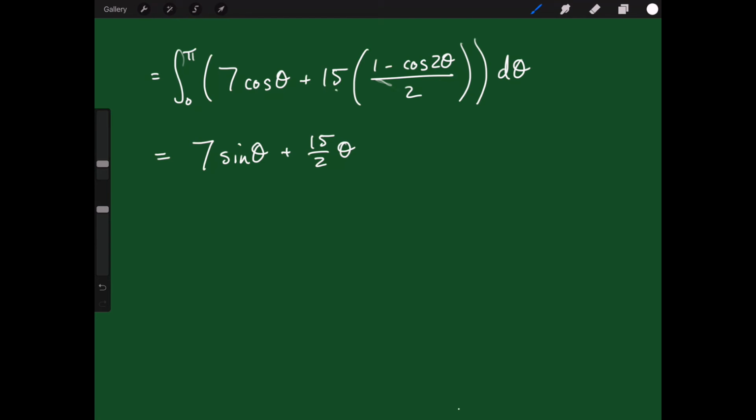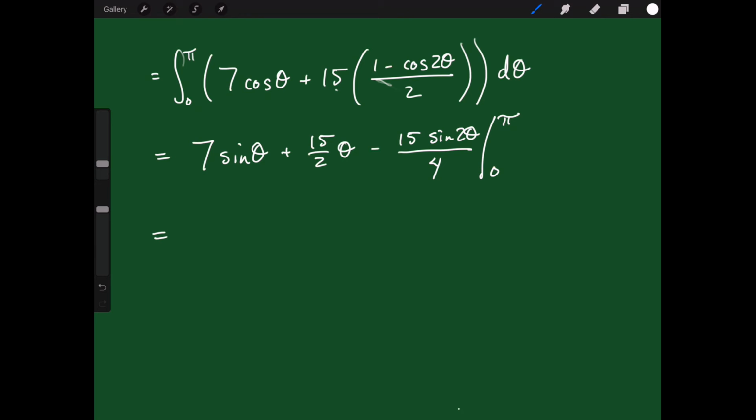And the antiderivative of negative 15 cosine of 2 theta over 2 would be minus 15 sine of 2 theta divided by 4. All of that evaluated from 0 to pi.